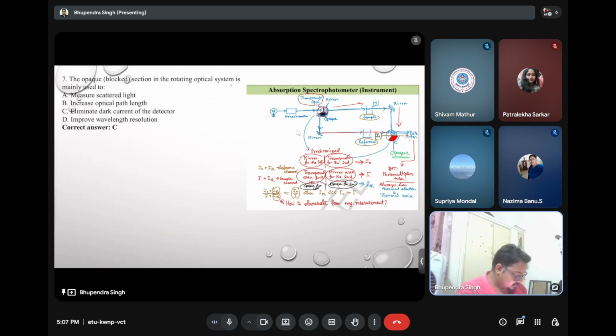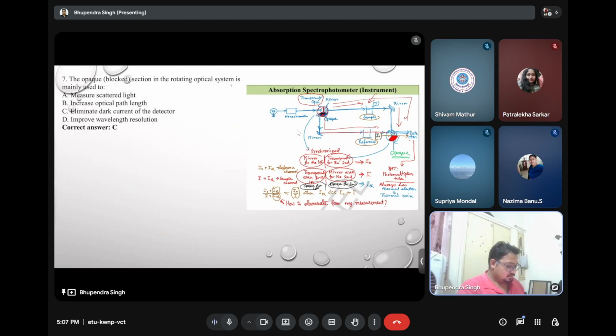Okay, this is a mirror for the first one, which means it will be reflected, transmitted for the second one, then it will detect. Okay, this is your sample. I0 will be here, I will be here. This I'm not going to tell you, but an opaque will match with the opaque one.